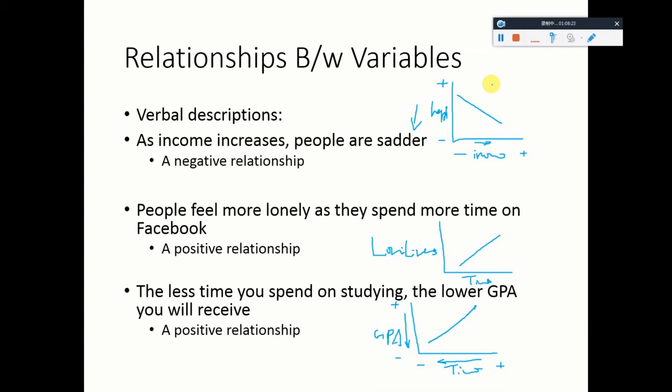And then we have predictor variables that predict another variable, and we have outcome variables that are predicted by other variables. And then we looked at the different relationships between variables. We have linear relationships, but we have different types of linear relationships: linear positive relationships, and linear negative relationships.